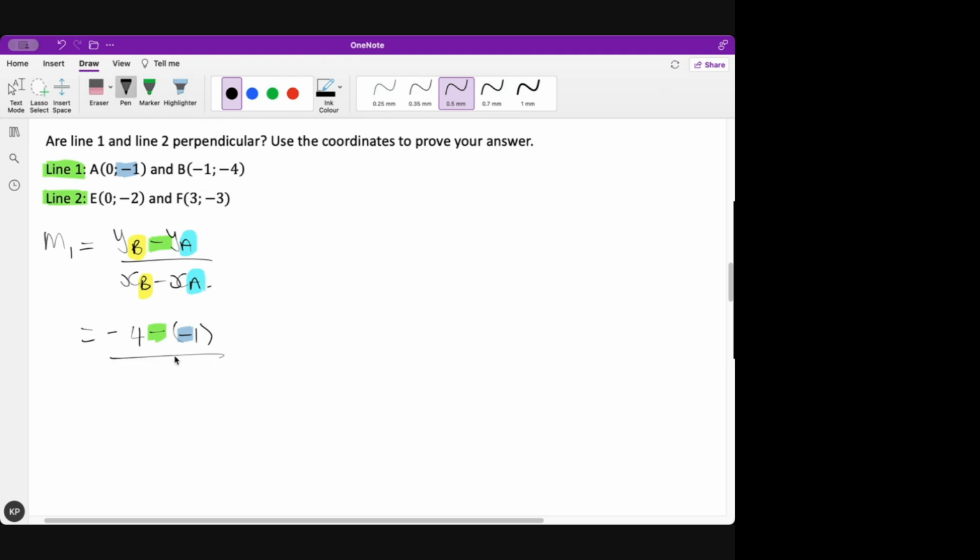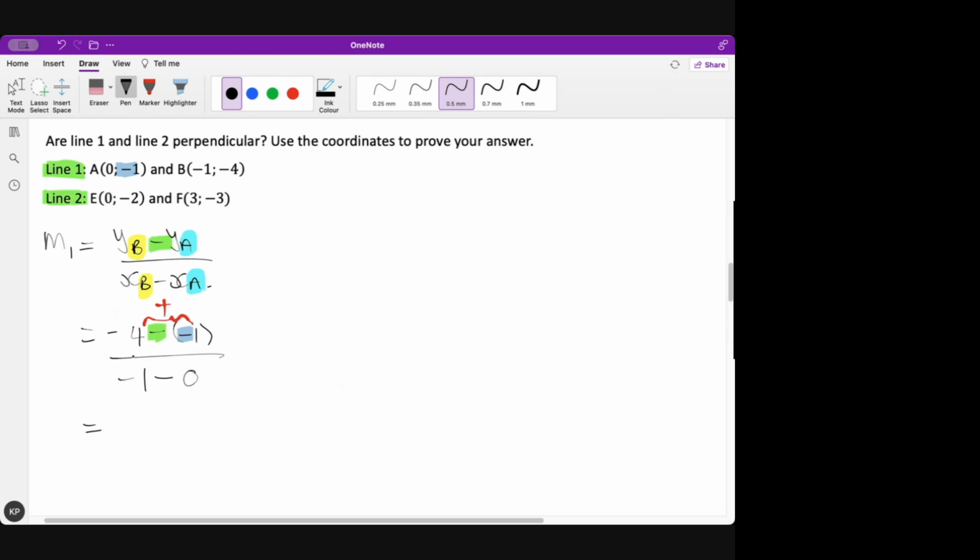And then let's look at the x coordinates. What is the x coordinate of point B? That would be a -1 minus my x coordinate for point A, 0. Now tell me what this minus is going to do. What's going to happen there? That would be a positive. Wonderful. Now let's get working.